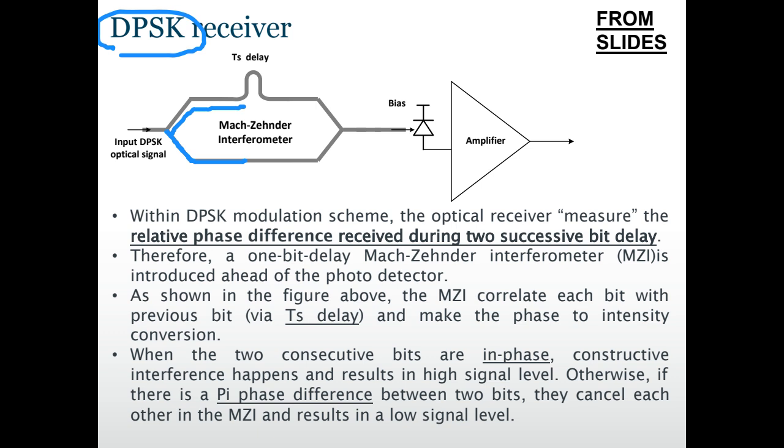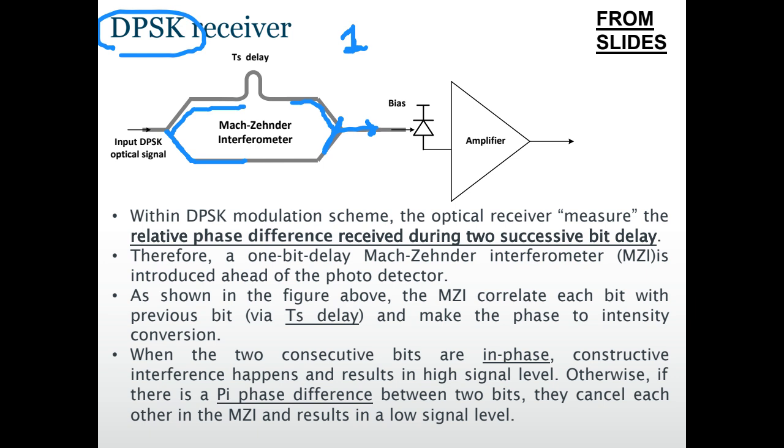And then if the 2 signals constructively interfere, it means if we didn't change the phase between the 2 consecutive symbols, then it's binary 1. If they destructively interfere, it means we did change the optical phase between every 2 consecutive symbols, then it's logical 0.